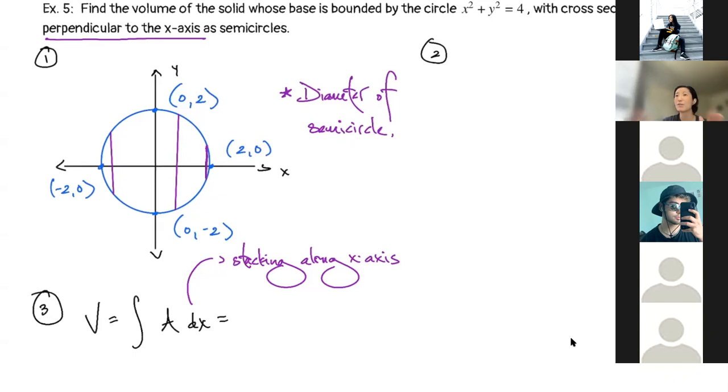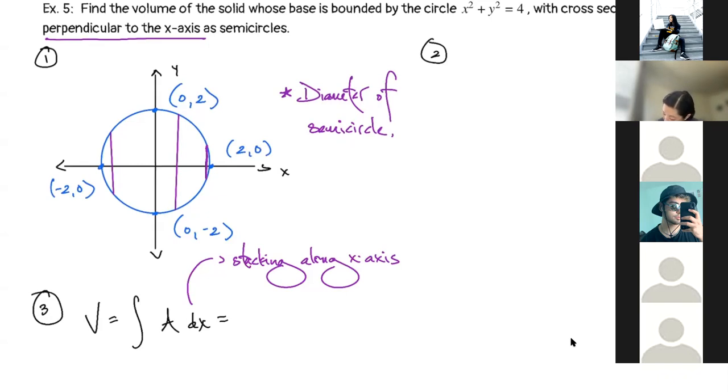So don't worry too much about that right now, but that's the only reason I'm being a little bit picky about that perpendicular piece, because it's not always going to be true next week. Okay, so now let's think about this particular problem. We've got volume equals the integral of area dx, because we're stacking these slices along the x-axis.